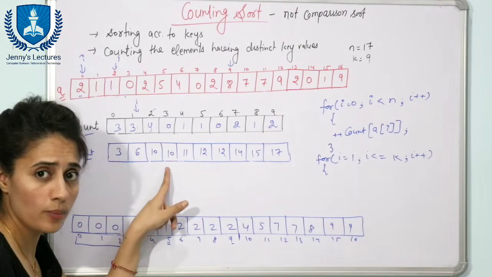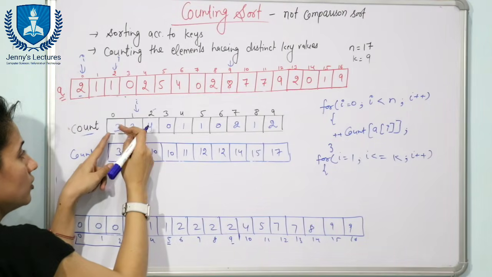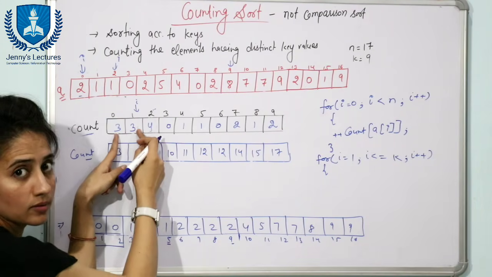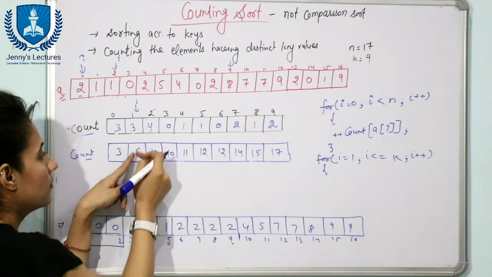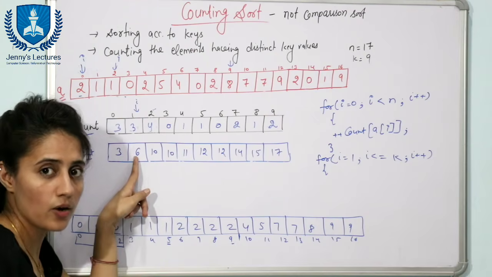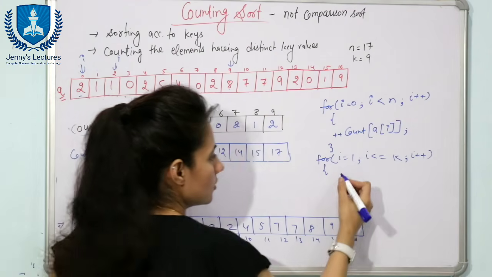Now how are you going to update this? See, what have we done? We have just taken this 3 value as it is, then 3 plus next, fine, 6, then 6 plus next, 10, like this we have done. So how are we going to do this?